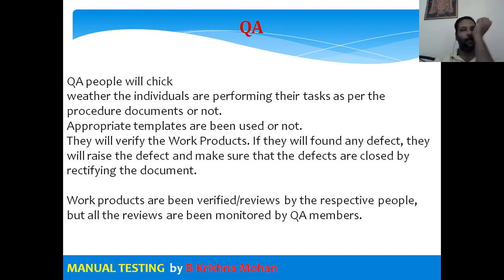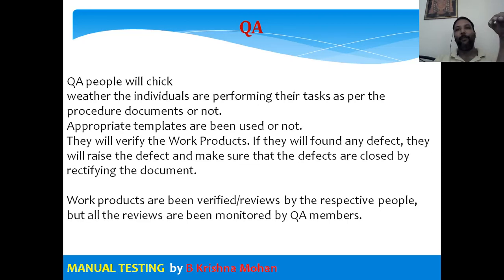If the project plan is there, it will be reviewed by the project manager, because the project lead will be making the document. In the same way, the test lead will make the test plan. It is reviewed by the QC manager, the testing manager. But what is the work of the QA? The work of the QA is to check whether those reviews are being properly done or not.